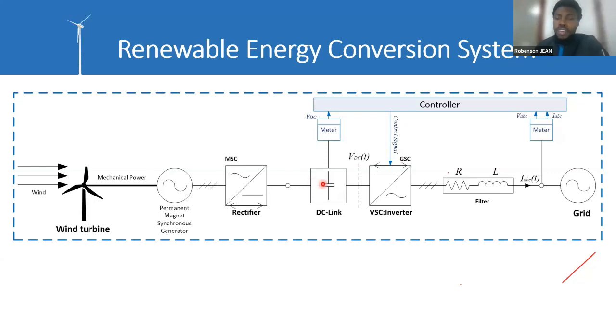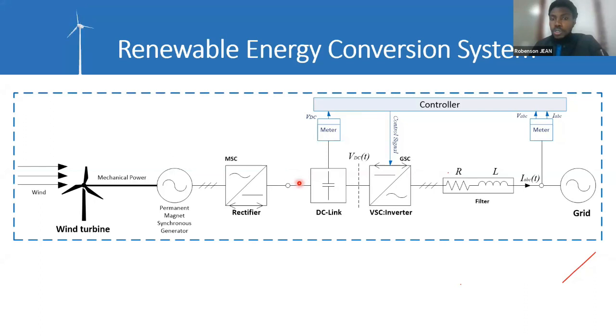And also it helps us to deal with the ripple, because after the rectification, we will not have a constant value for the voltage, even though it will be a direct current, but we will still have some ripple.